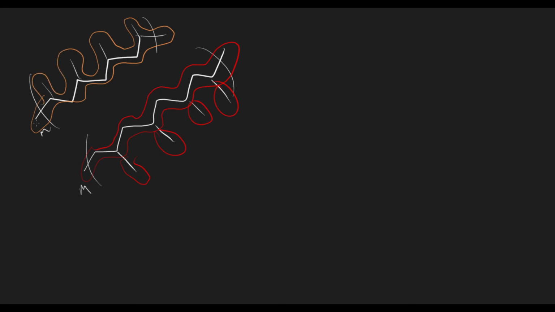So there's a big blob of electrons on both of these. And this electron cloud is not static. Electron clouds are moving all the time. So as the electrons are moving within these clouds, you end up with local areas of negativity and positivity.